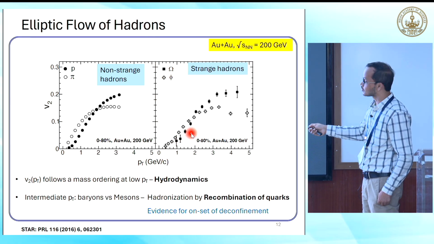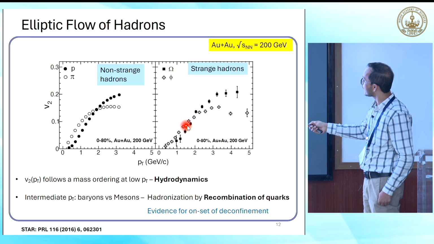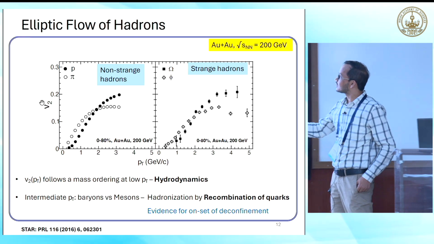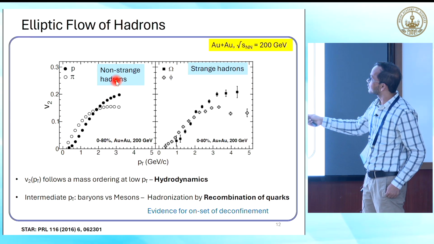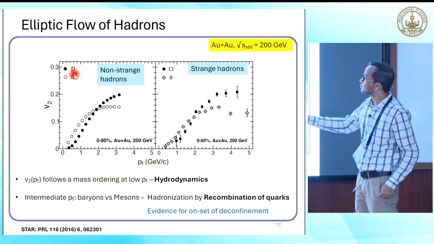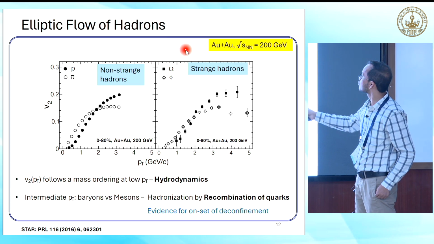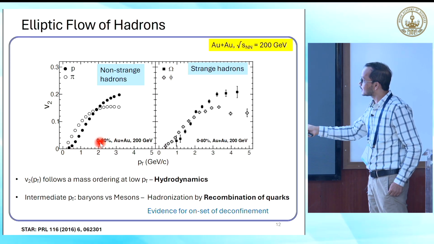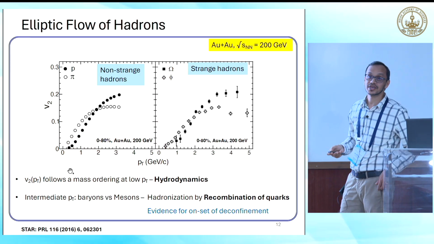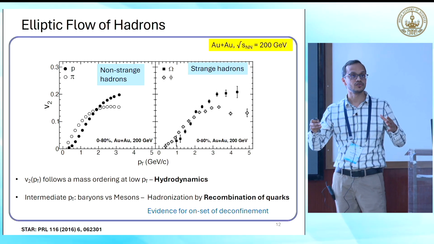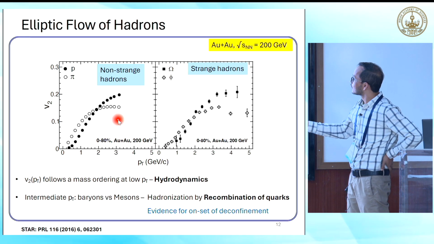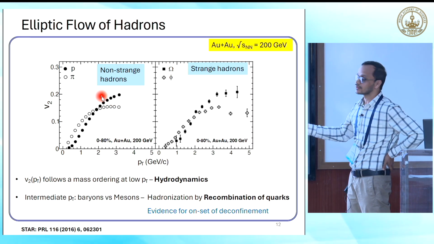Omega is heavier, so it shows a lower v2 compared to the phi at low pT, and then again it shows a higher v2 at intermediate pT. So why have I chosen these two? This is non-strange and strange, but the proton is a baryon, the pion is a meson. Here omega is a baryon, phi is a meson. In the lower pT we see a mass ordering, which can be explained by the hydrodynamic evolution of the Quark-Gluon Plasma, but at intermediate pT we see a particle type dependence.